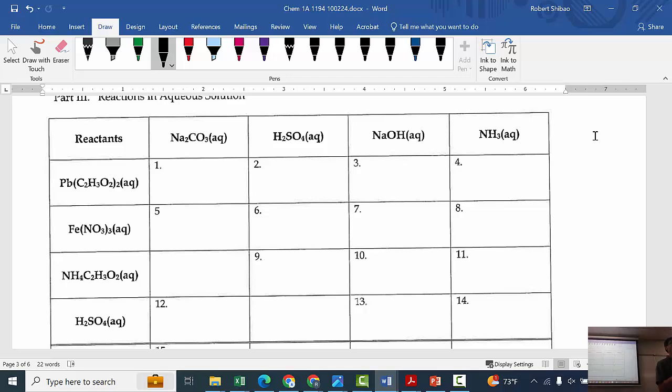So what do I do? Do I add the acid or do I add the other stuff to the acid? So I have the lead-2 acetate. Should I add the lead-2 acetate to the acid, or should I add the acid to the lead-2 acetate? You always add the acid. And we want to be careful. We want to do this slowly.